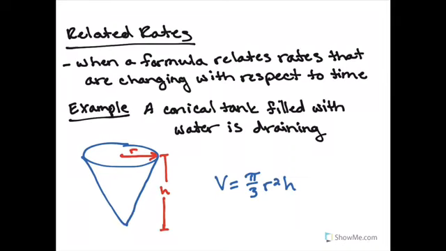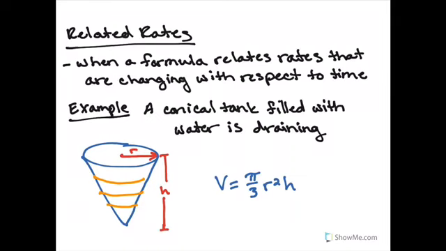So let's say I have this conical tank and it's filled with water and the water's draining out of the tank. So my water level is changing. It's getting lower with time. And the way I'm going to relate all the variables here is that this is the volume of water, and the formulas, you can either look them up.